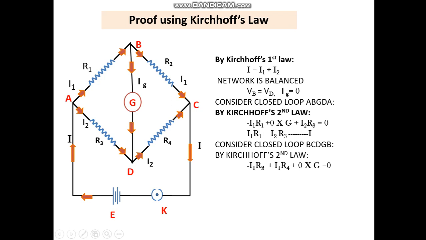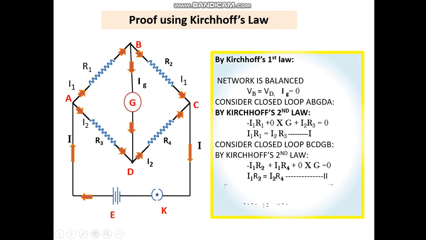Then we have potential difference across R4, that is I2 into R4. It is positive, so plus I2 R4 plus Ig G. Ig is 0, so 0 into G is equal to 0. So again we can rewrite the equation. I1 R2 is equal to I2 R4. This is equation 2.